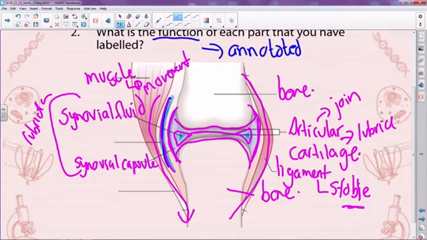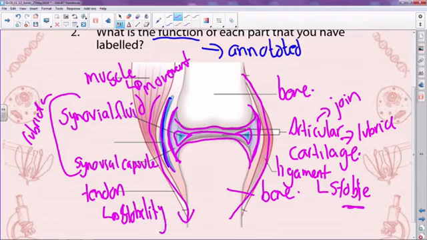So what do we have? We have a tendon. The tendon's function is to join muscle to bone. Again, here's this word, stability, to keep the joint stable. If a joint moves, it's easy for that joint to go out of place. So we need to make sure that there are tissues around it that keep the joint in place.